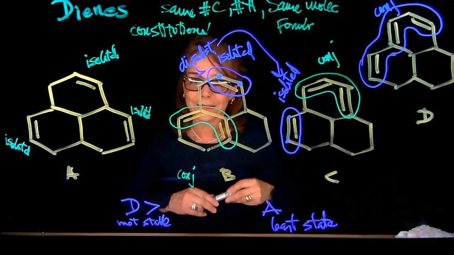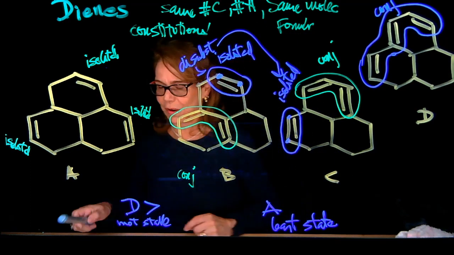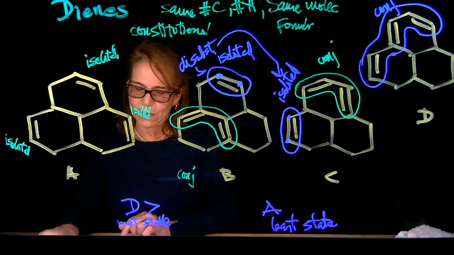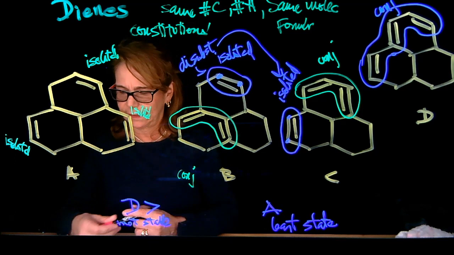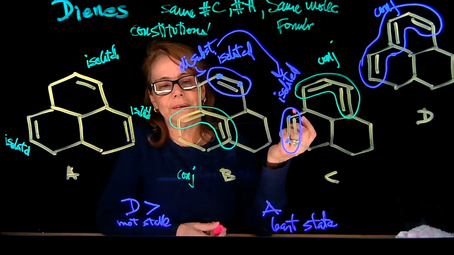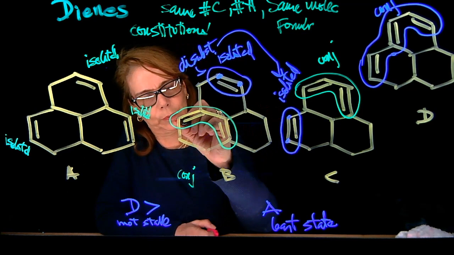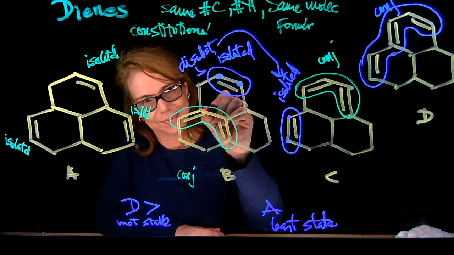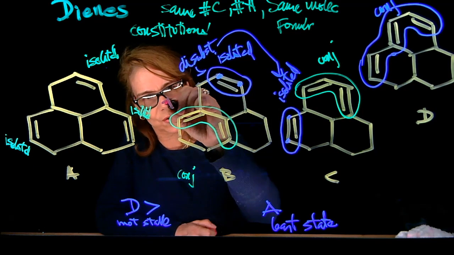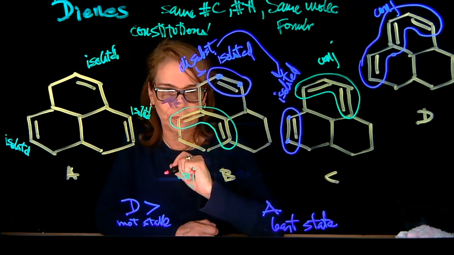So that doesn't help me, so I need to see what happens with the conjugated system. Let's find the degree of substitution. This double bond right here has two substituents, and one here, so this is trisubstituted.